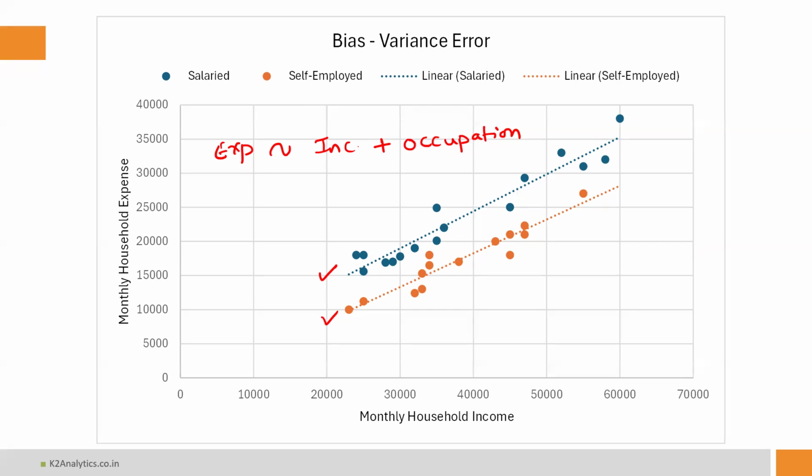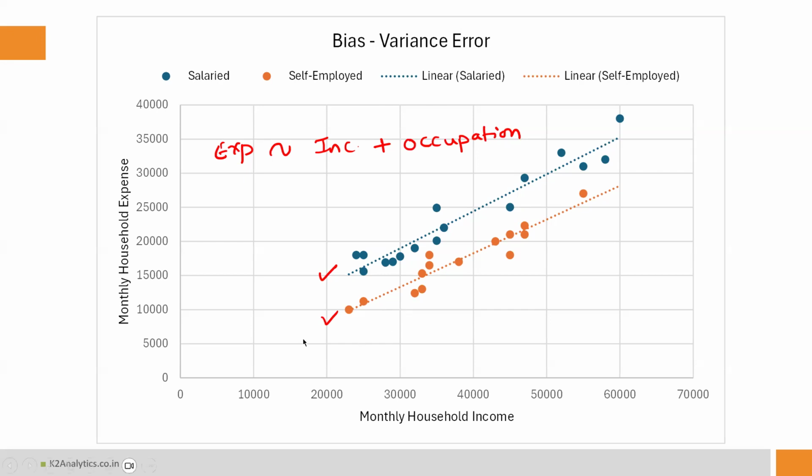Once again, as we make our model more complex and bring in more predictor variables, the susceptibility of the model to small changes in the training dataset increases. As a result, variance error is likely to increase. On the other hand, because we are bringing in variables which have good predictive power, the bias error is reduced.